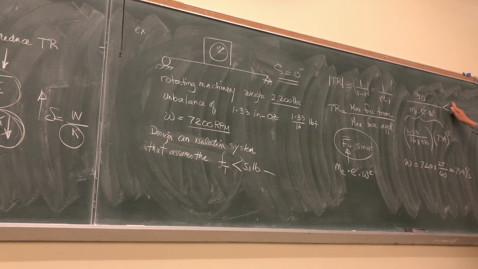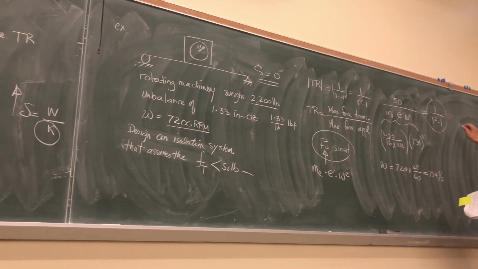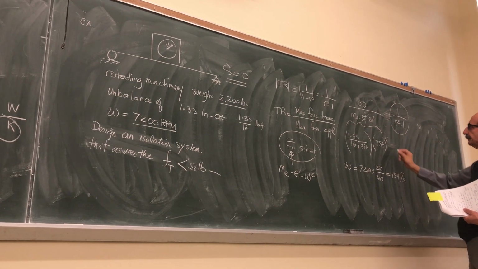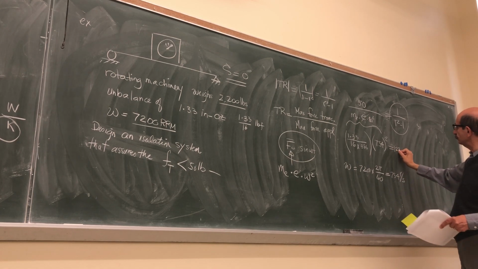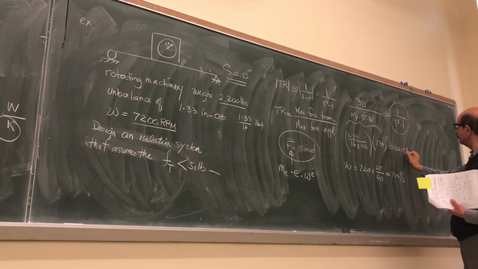But this is obviously equal to 1 over r squared minus 1, right? So you want to find r, or the natural frequency of the support system. If you do that, this value comes out to be 122.7 pounds.